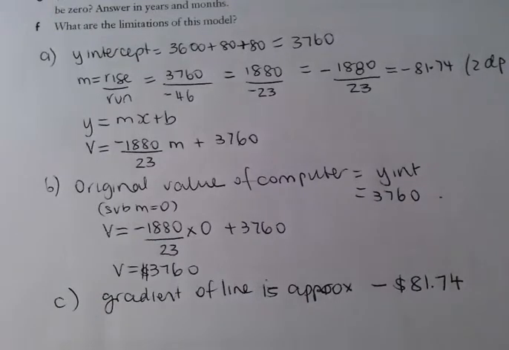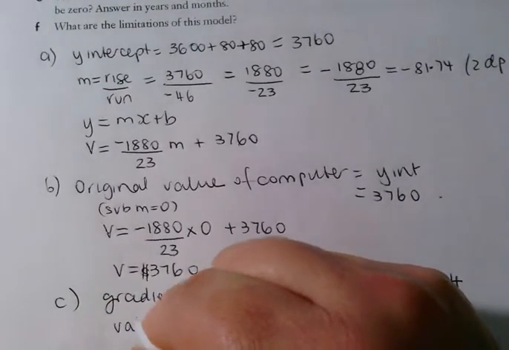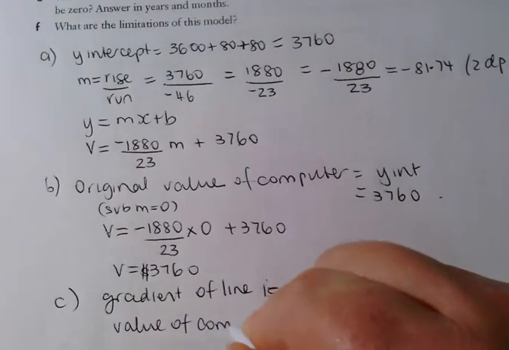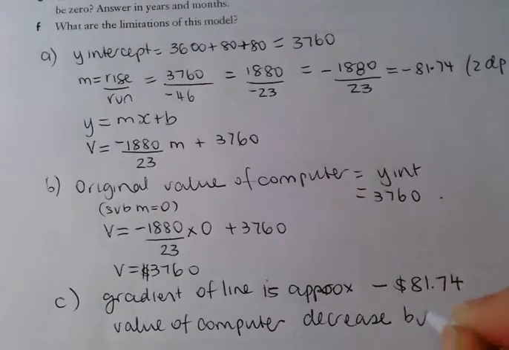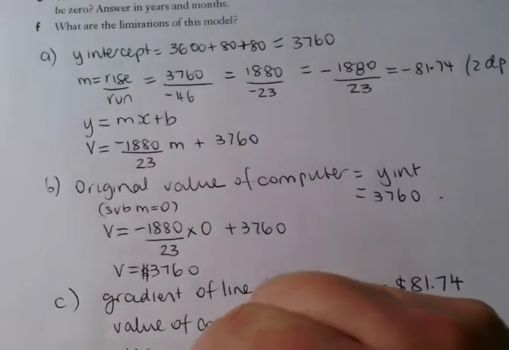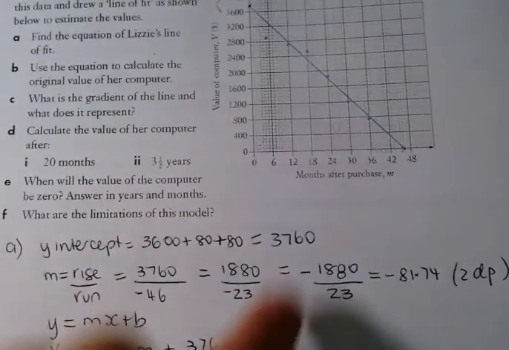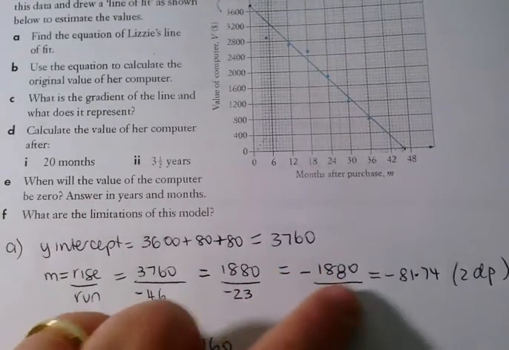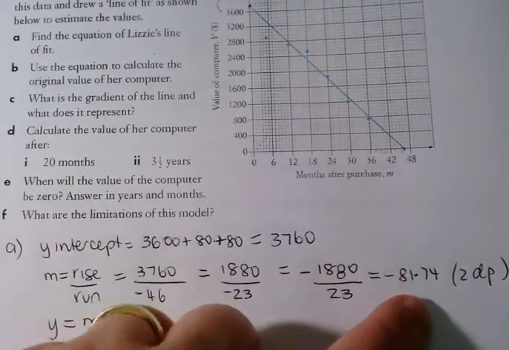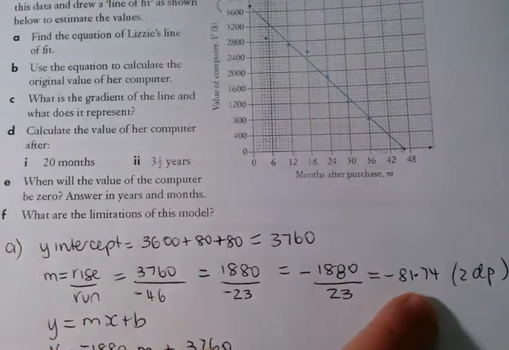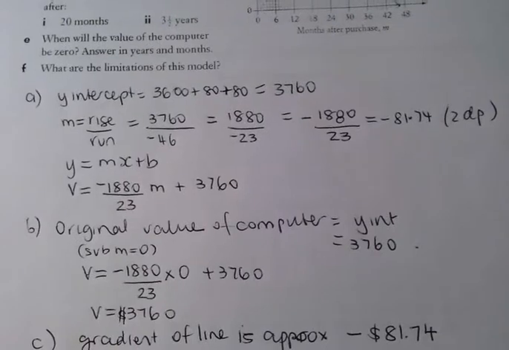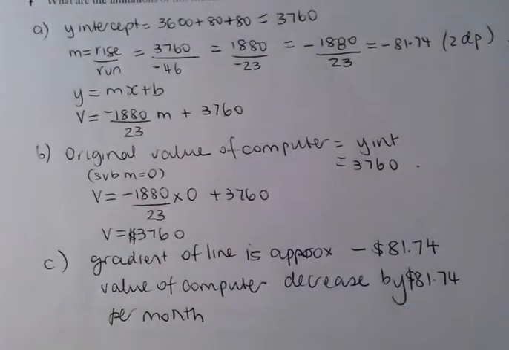So what does it mean? The value of the computer decreases by $81.74 per month. It's because the units of x are in months, and when we divide these two values we get negative 81.74; if you wrote that as a rise over run, it would be negative 81.74 over 1.